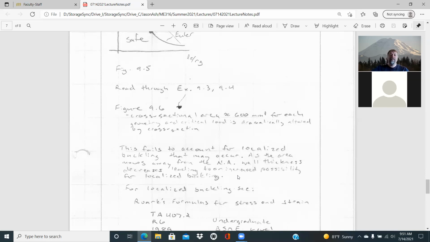You have your overall buckling that could occur that we looked at for pin fix, that type of thing. But you could have localized buckling where things just kind of collapse into like an accordion through that buckling process. And so there are also concerns for localized buckling when you're dealing with thin-walled members.